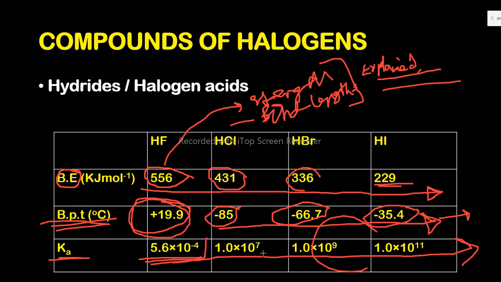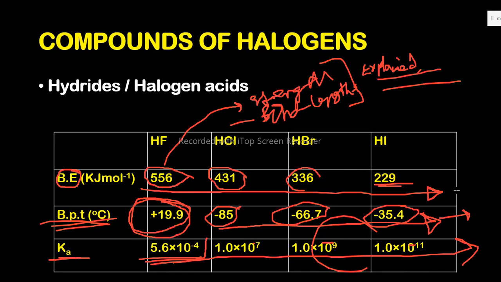I think this one's supposed to be power negative 7. Then this one also power negative 9, and this one power negative 11. So the acidity increases down the group.